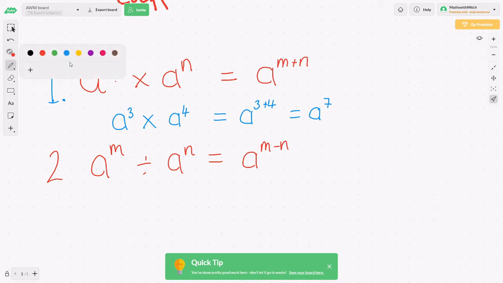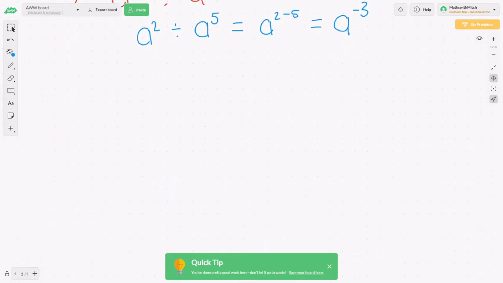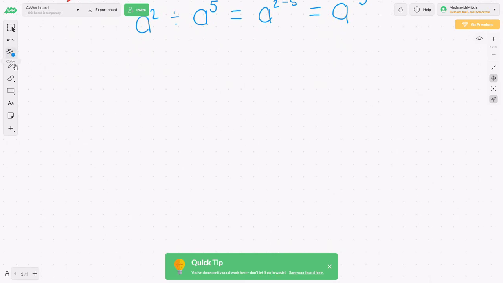So again, if we were to do this in numbers, let's say we have a squared, and we divide it by a to the power of 5, that's going to give us a to the power of 2 minus 5, which is a to the power of minus 3. Remembering from when you've done arithmetic and powers in the past, these can be negative. So that is rule 2, when we are dividing one term by another.